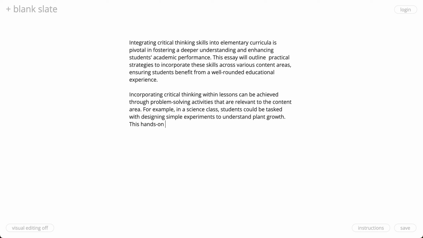Let's say this hands-on approach not only reinforces scientific concepts, but also encourages students to think analytically.